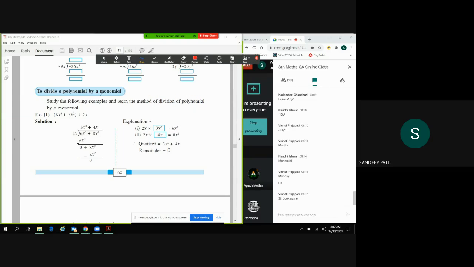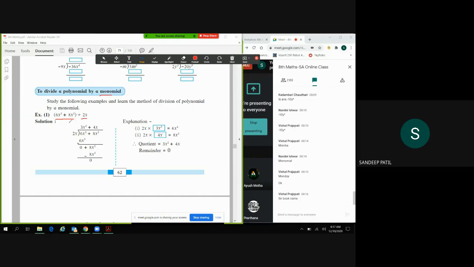So here is the monomial. Monomial means one variable or one term only. So if there is 6x cube plus 8x square divided by 2x, what do we have to do here?